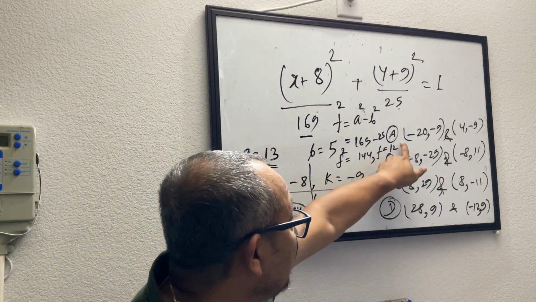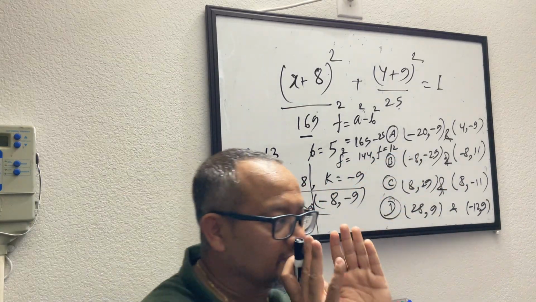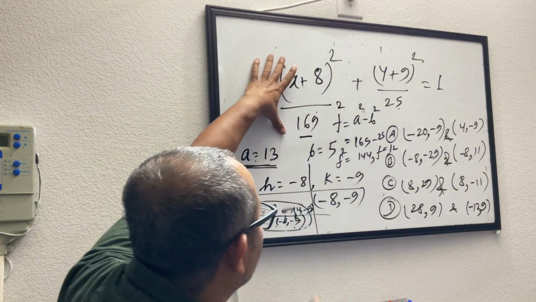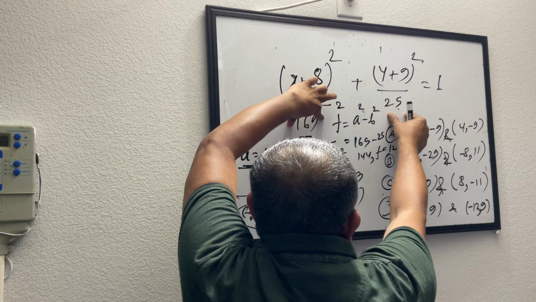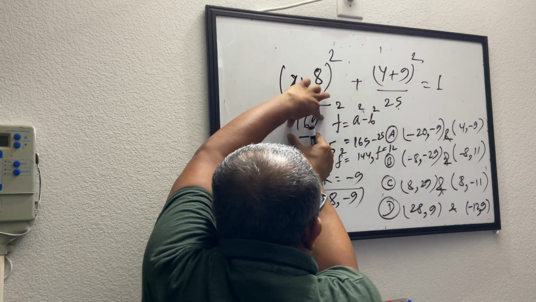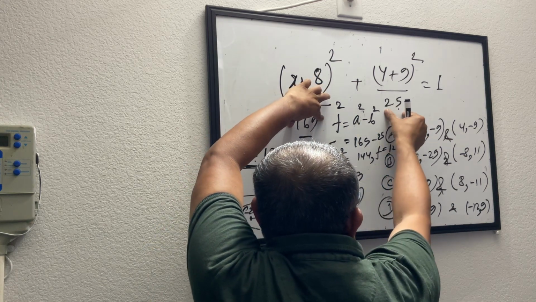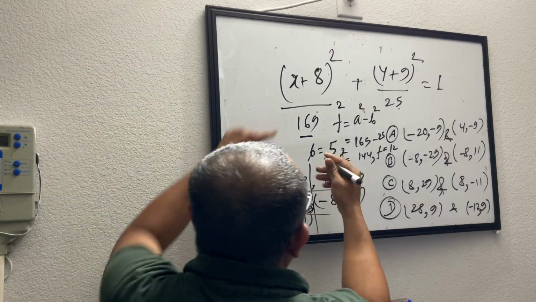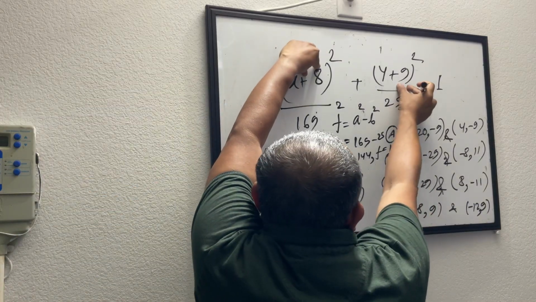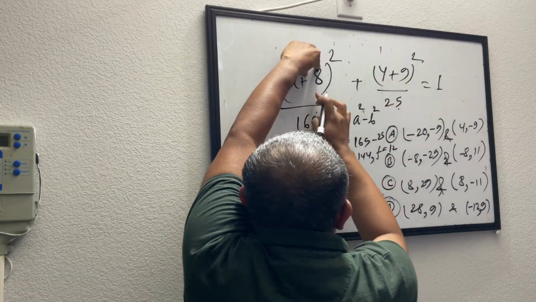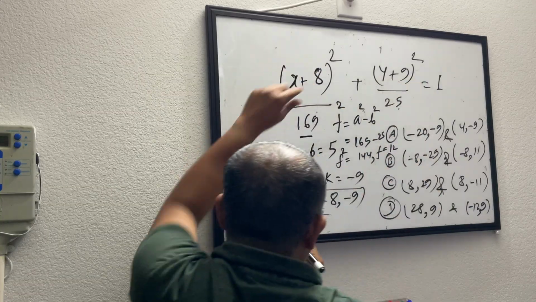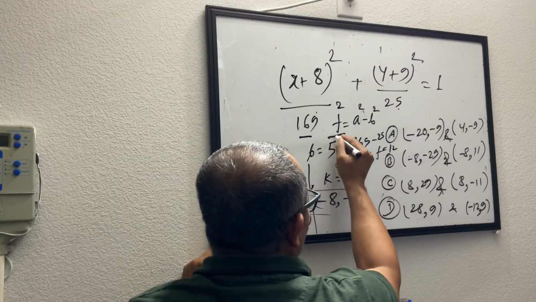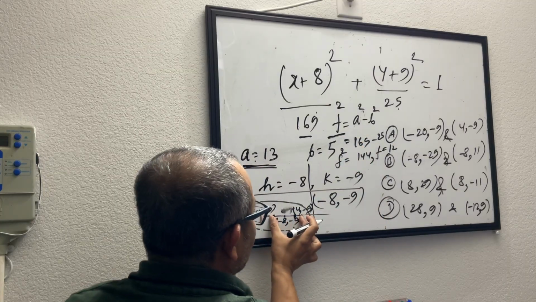Now if you look at how we decoded this, we first looked at the equation. From that we found a and b, which gave us a clear view that a is the major radius and b is the minor radius, so it is horizontally aligned. We found the center is minus 8 comma minus 9, and then the focal length, which is 12.